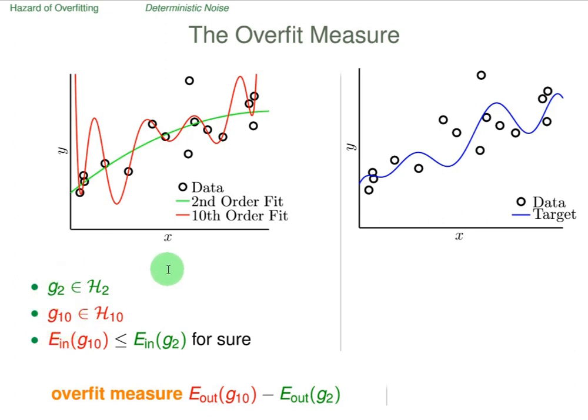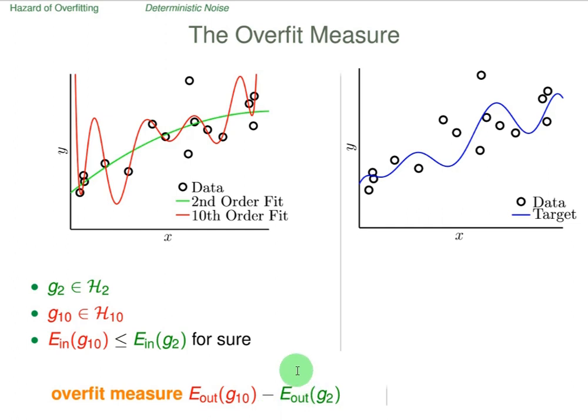We can define the overfit measure as the difference between the out of sample error for the more complex model, in this case the 10th order polynomial, and the out of sample error for the simpler model, G2, the second order polynomial. This can work because if the more complex model is overfitting, its out of sample error will be bigger, right? Which results in a larger positive number.